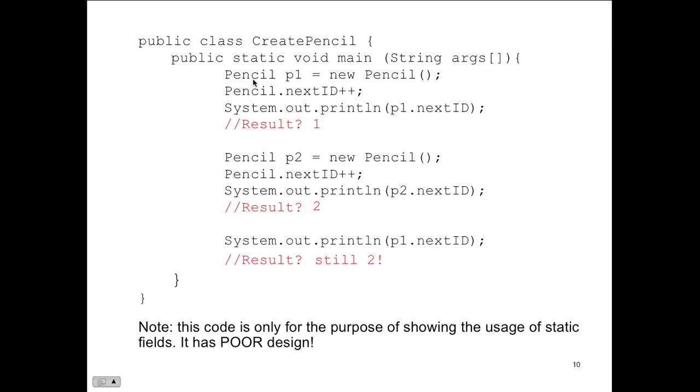The data type is an object that you're creating. And so Pencil p1, that's the data type. It's a pencil object. And we want p1 to be the name of the pencil. And it's going to be equal to new Pencil. That I can't explain to you. In fact, it seems like C++, actually. The new, the delete. We don't have delete, though. We just have new. So it's supposed to be a new instance of Pencil.